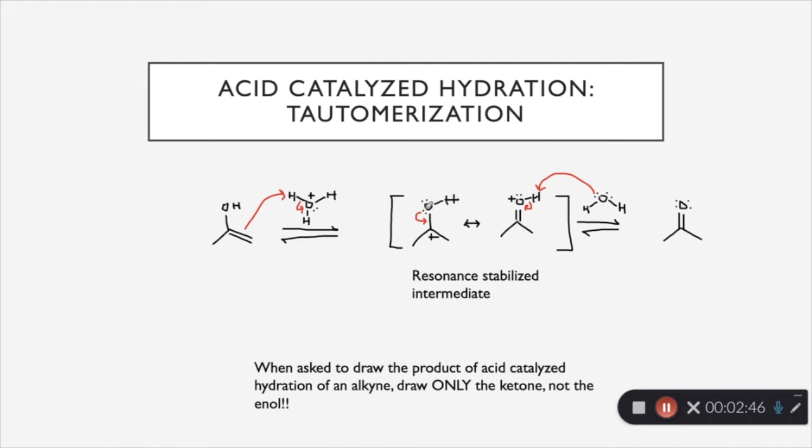This oxygen is going to give its electrons to the sigma bond to fill up the space that the carbocation leaves open. That's going to put a positive charge on the oxygen right here. To get rid of that positive charge, the water that's left over from the acid is going to grab the hydrogen, and it's going to donate its electrons back to the oxygen to fix the positive charge that we have here, and that is how we get this ketone.